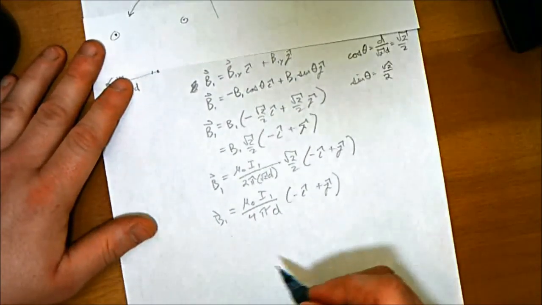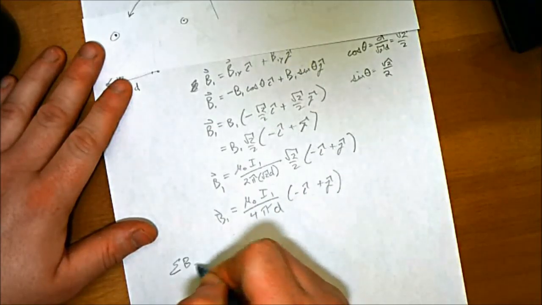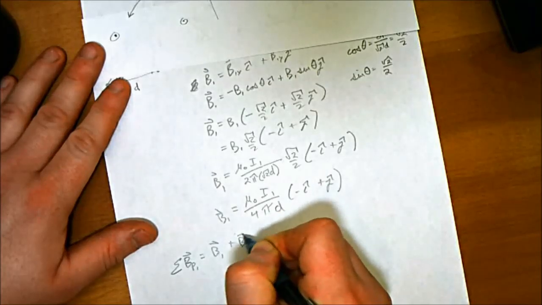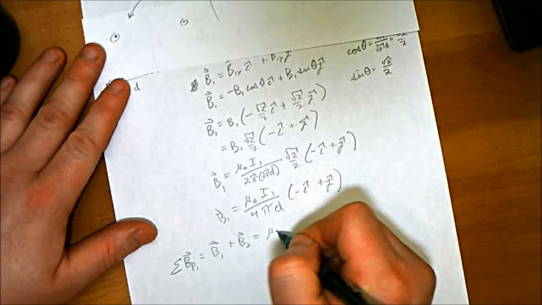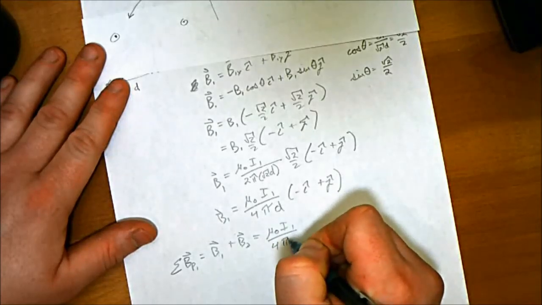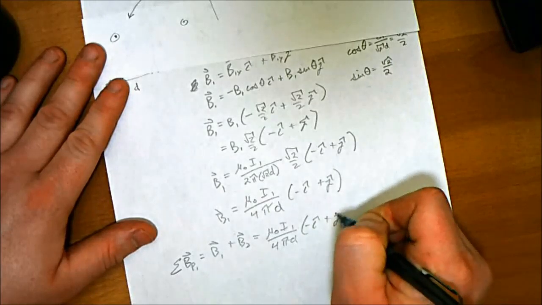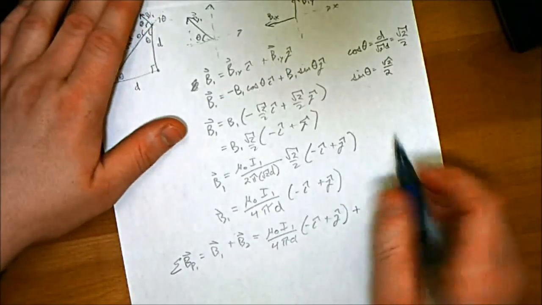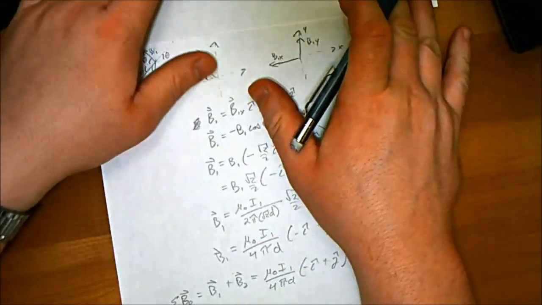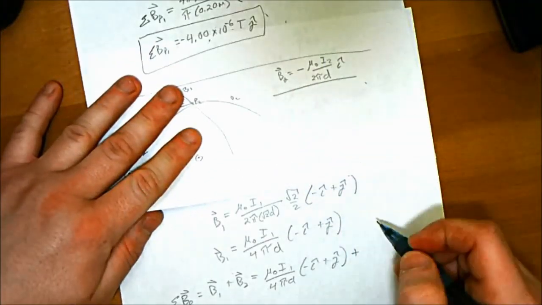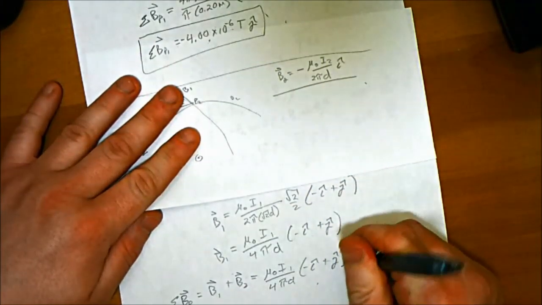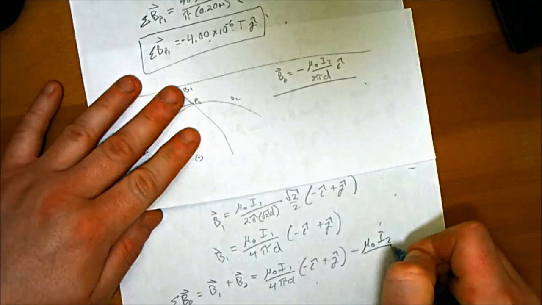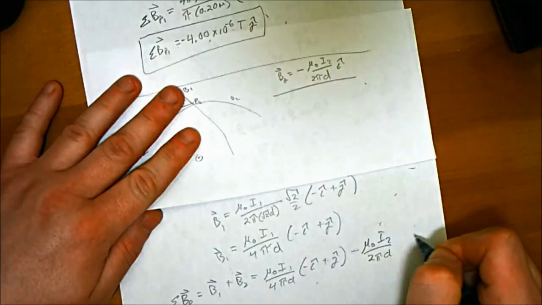So we need to add B1 and B2 to get the total magnetic field at P2. So it's B1 plus B2, or mu naught I1 over 4 pi d times negative i hat plus j hat, plus B2, which we wrote all the way up here, so it's going to be a minus mu naught I2 over 2 pi d i hat.